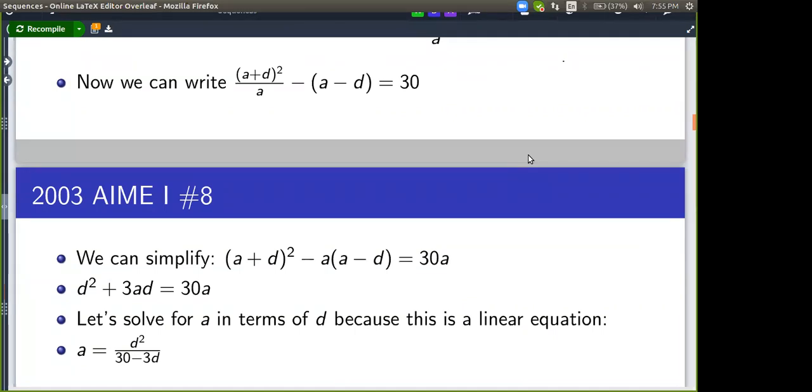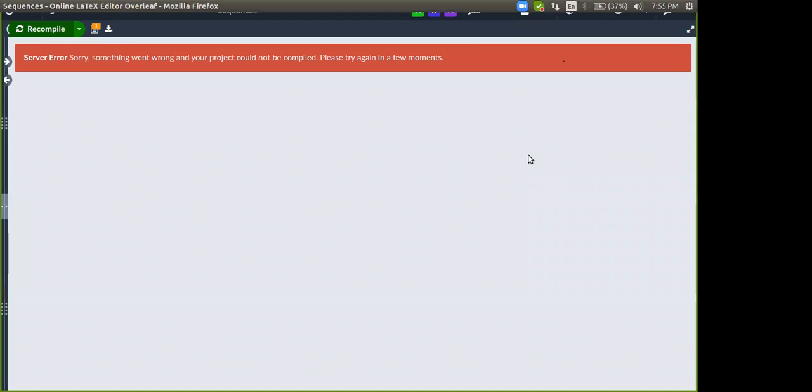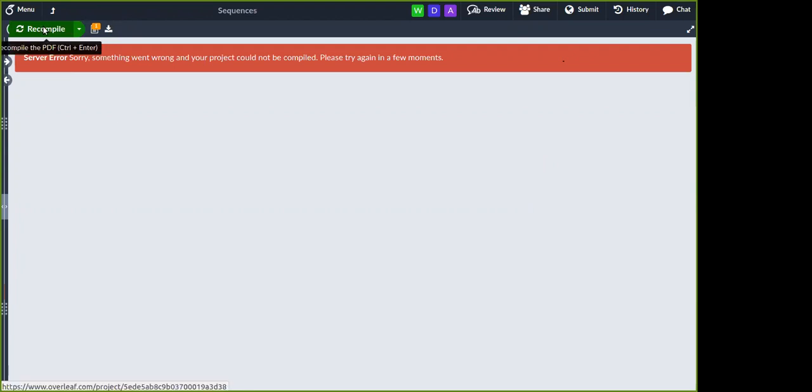Now, d has to be at least 1, since it's a positive integer, but now it can't be more than 9. Otherwise, a would be negative. That means that we know that d is some integer from 1 to 9.